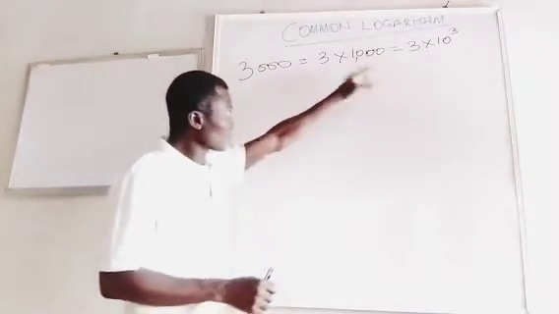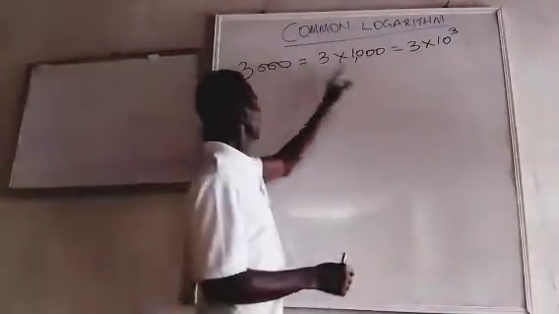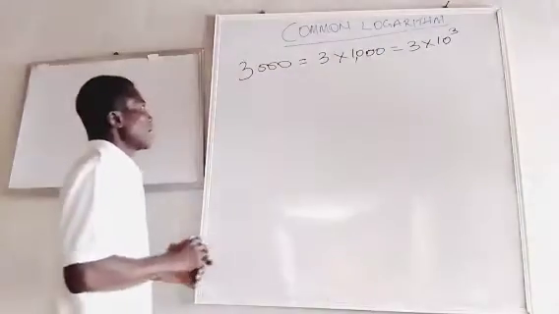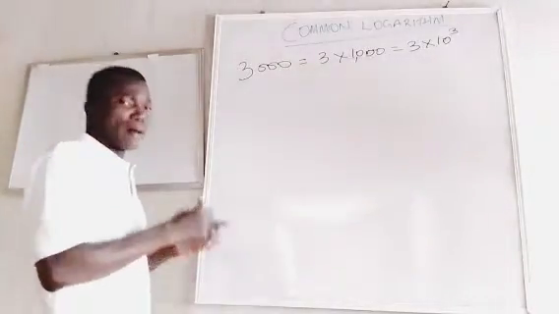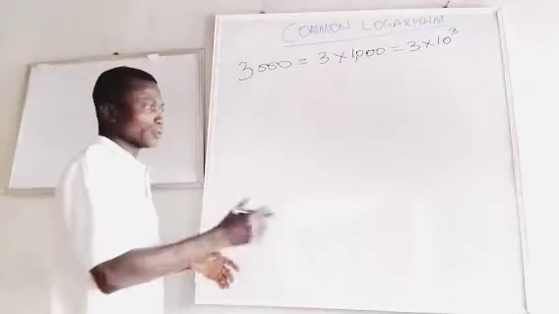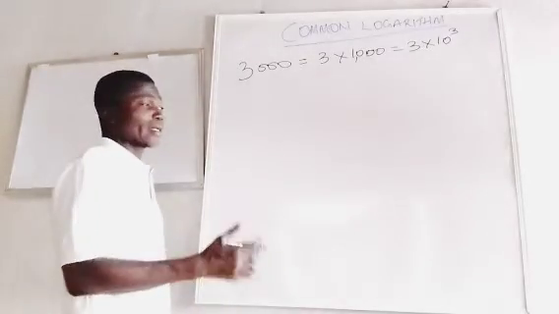With this, you can see that 3,000 is equal to 3 times 10 raised to power 3. And in our four-figure table, we have from 1 to 9.999.